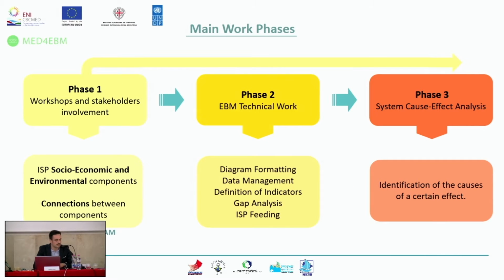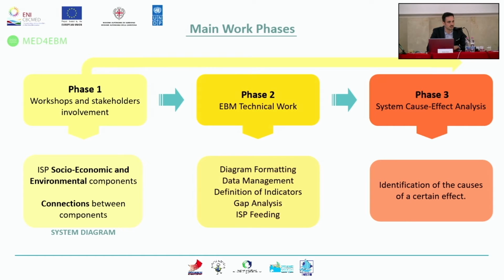For convenience's sake, I decided to group all the official steps into 3 main steps. The first one, as you can see from the slide, concerns the workshop and the stakeholders' involvement. This was the first moment for the identification of the socioeconomic and environmental components of our project area.